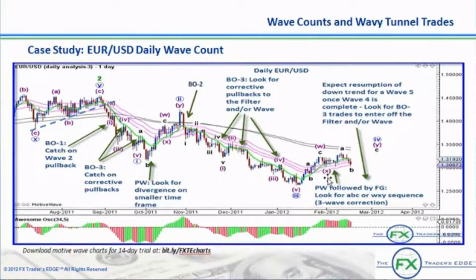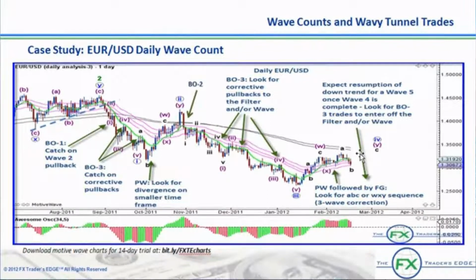So we label this X, which is the X link, because it's a pattern which connects two other patterns. And for the Y wave, we are expecting a move up for the C, which would complete a flat correction. We have a 3-wave A followed by a B, and we are expecting a move back up to the tunnel, which should complete this WXY pattern.